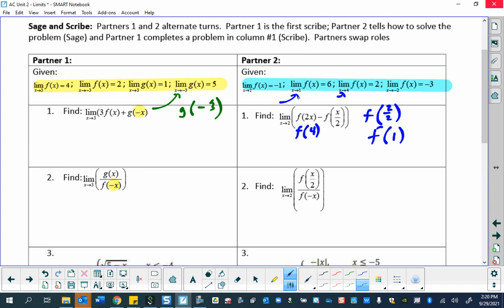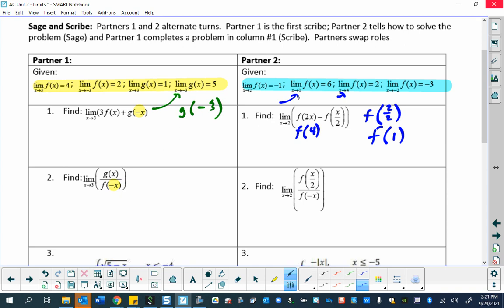So when the x of the function is being altered, doubled, halved, or negative, it changes which limit you're looking for. Does that make sense to you? So when partner 1 is saging, they need to keep track of what's happening to the x's: opposite, divide by 2, double. When partner 2 is saging, they need to be careful of what's happening to the x and finding the double.